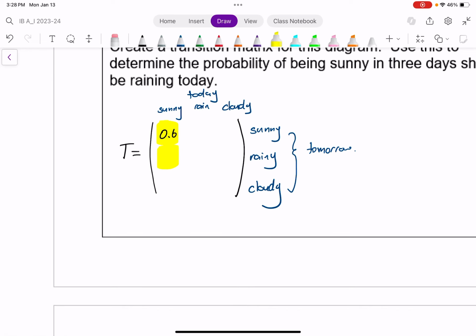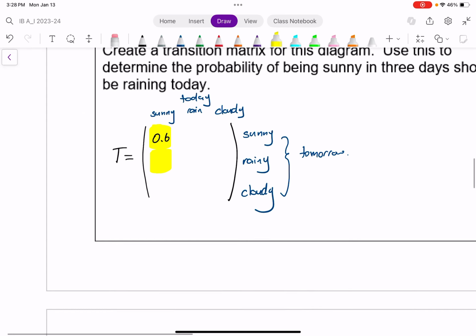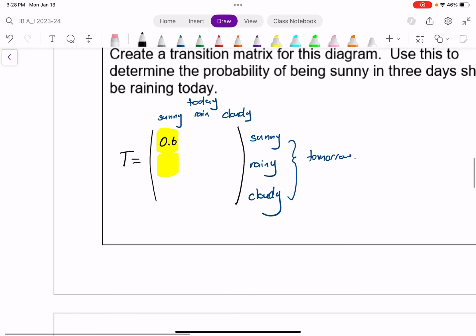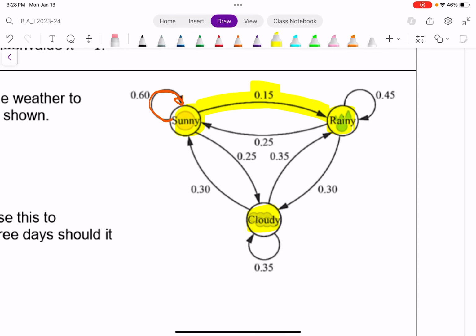Below it is the probability that if it's sunny today, it'll be rainy tomorrow, which is 0.15 or 15%. And lastly, in this column, this is the probability that if it's sunny today, it'll be cloudy tomorrow, which is 25%.